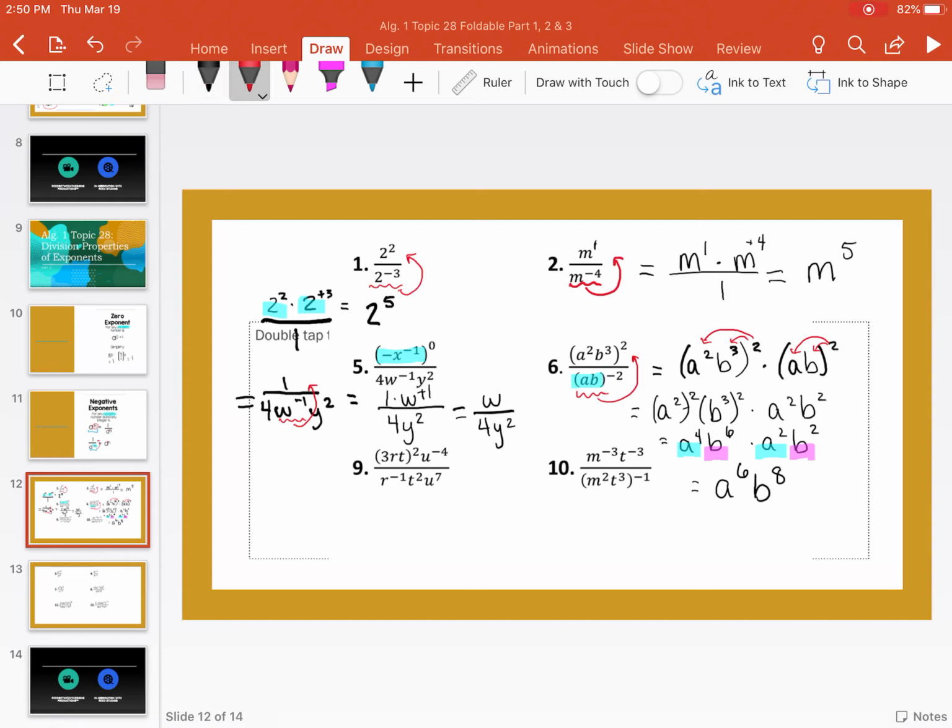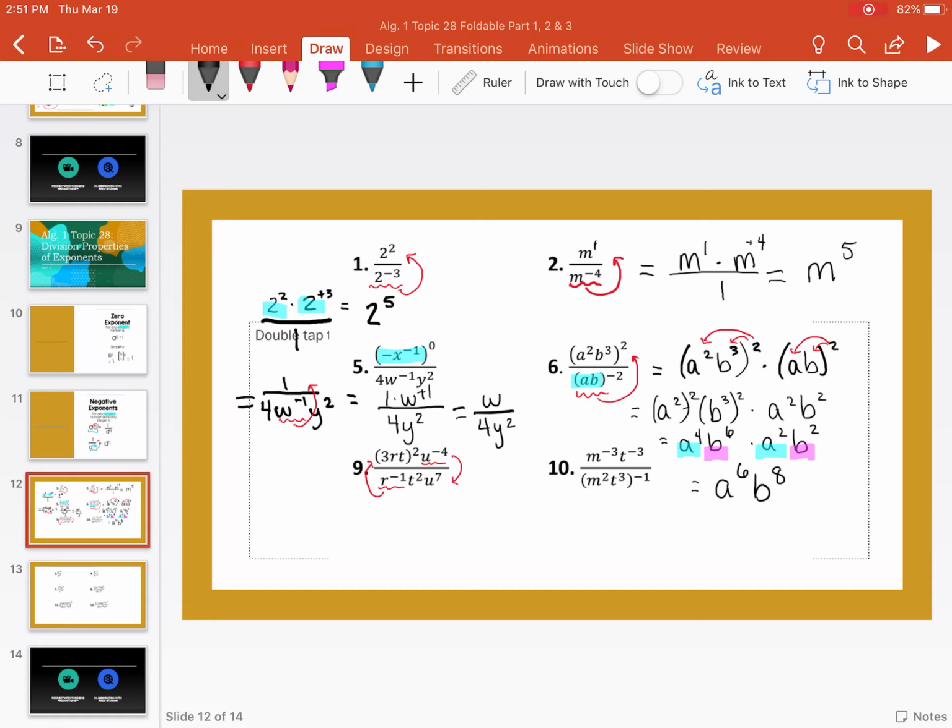Let's deal with our negative exponents first. So we have our r to the negative 1st. Now it's just r that we're dealing with here, so this is what we're going to move up. And we have u to the negative 4th. It's just our u here, so that's what we're going to bring down.